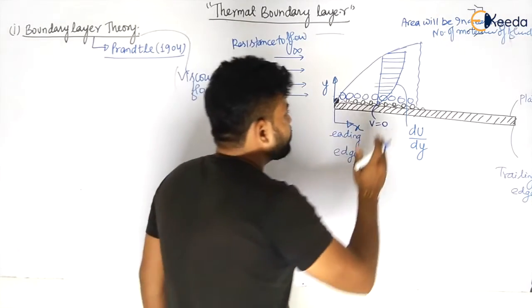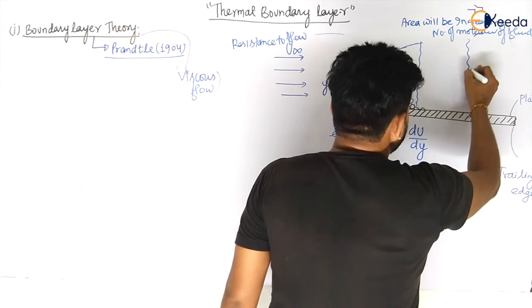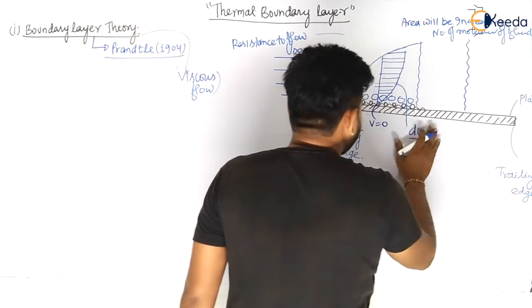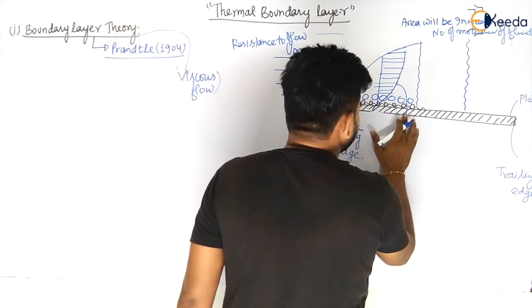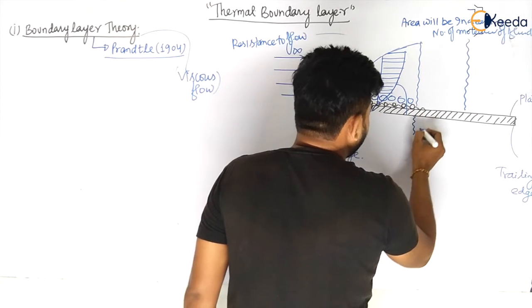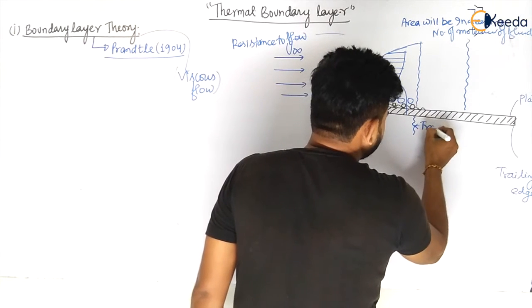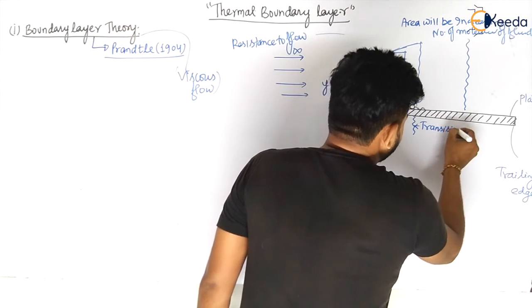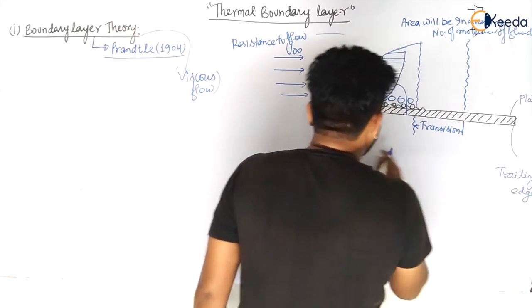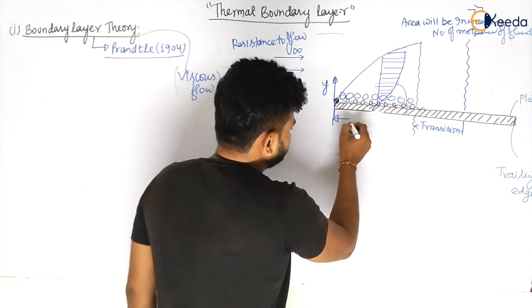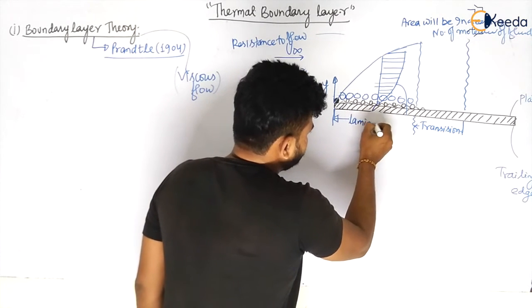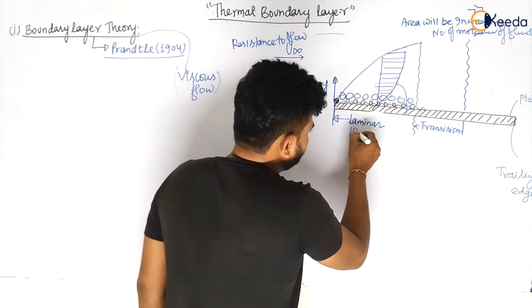So there will be a transition region where these molecules start mixing and the area starts increasing. This will be called your transition region, my dear students. And this part is called your laminar region, or laminar flow.